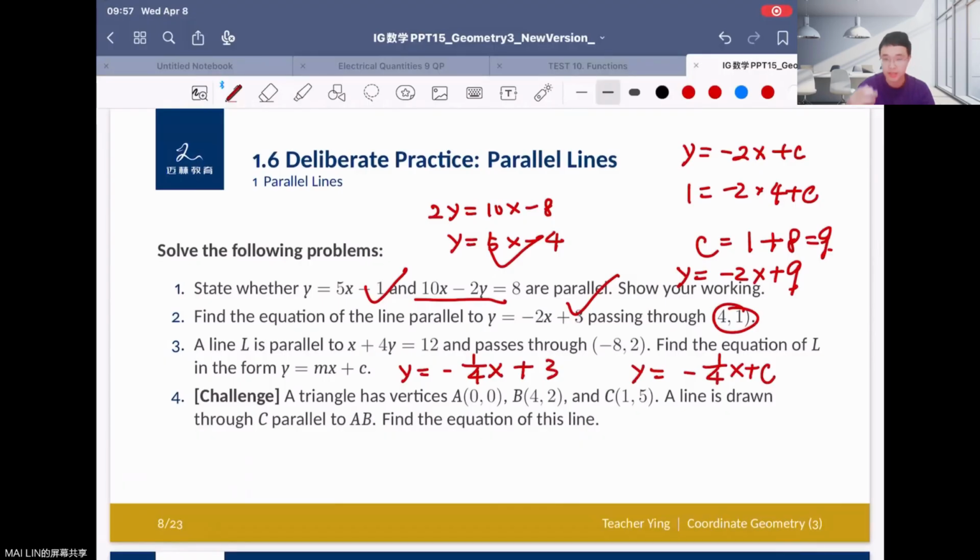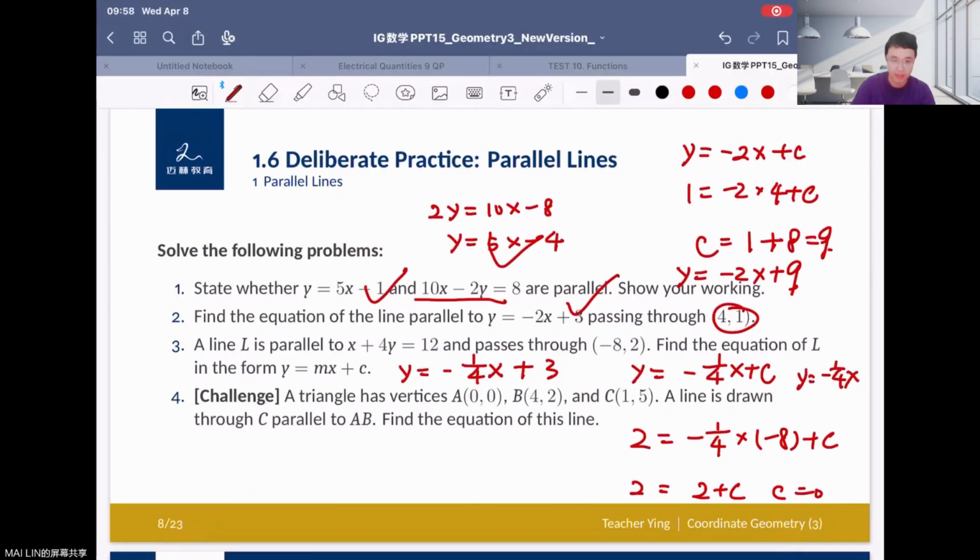And then it passes through (negative 8, 2). You can put negative 8, 2 into it. That is 2 equals negative 1 over 4 times negative 8 plus c, right? Okay, so that is 2 equals 2 plus c, so c equals 0, okay? So finally the line is y equals negative 1 over 4 x, okay?